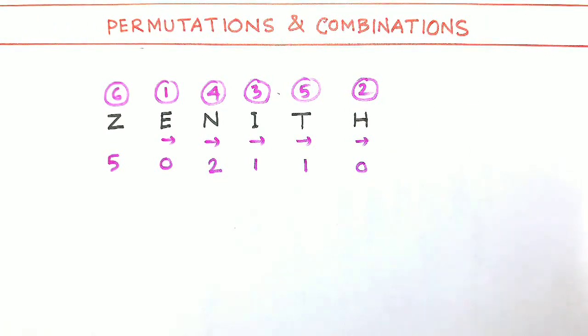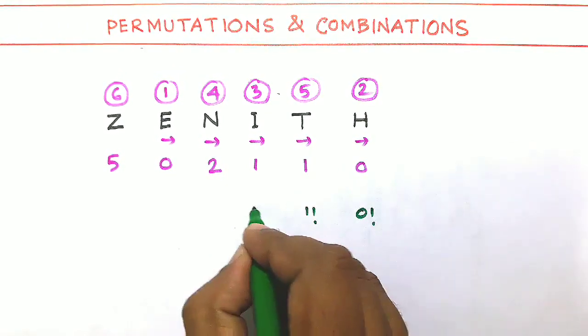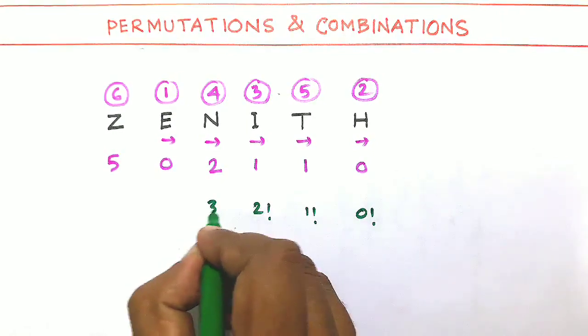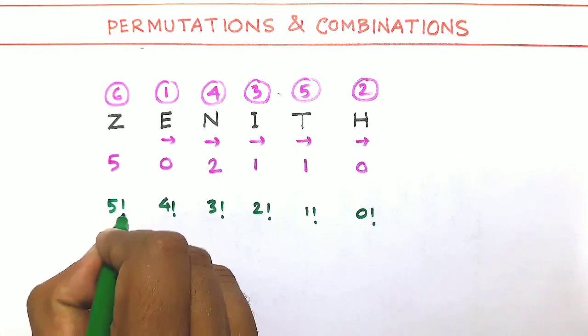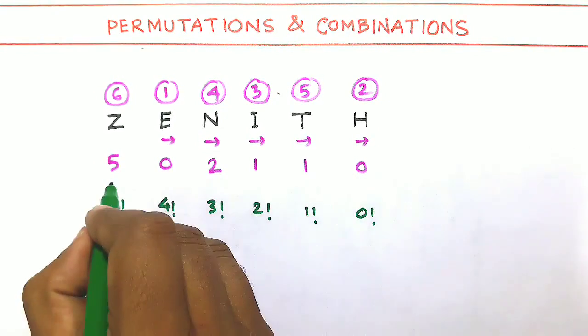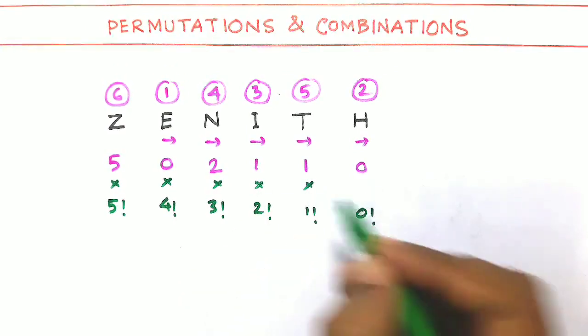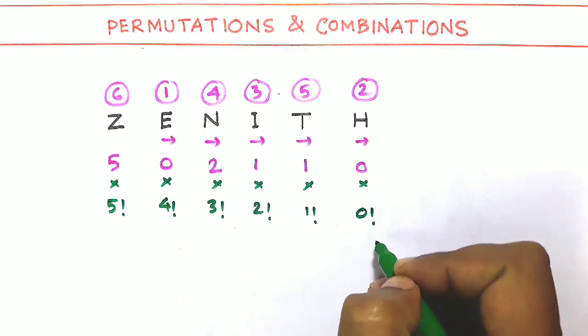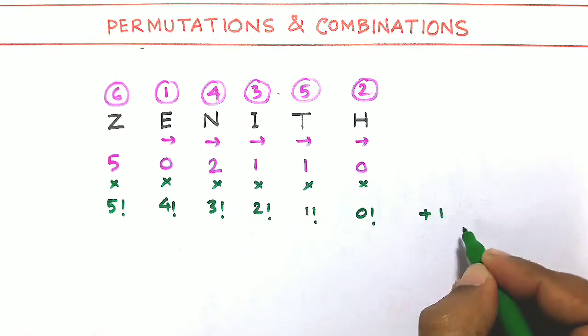Okay. Next step is we have to put 0 factorial, 1 factorial, 2 factorial, 3 factorial, 4 factorial, finally 5 factorial. So we multiply them. After multiplication, we shall get a result, and with the final result, we shall add 1.